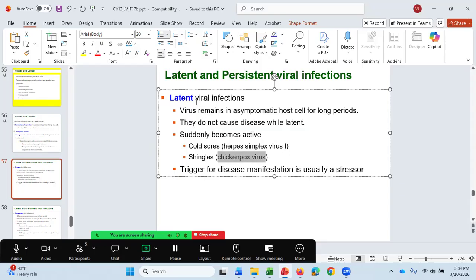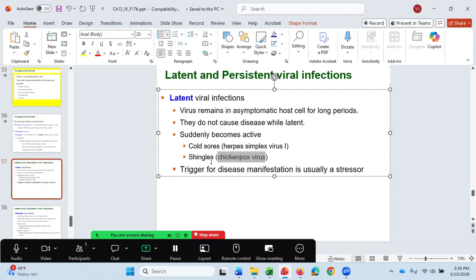Usually the virus doesn't leave latency until the child is now an elderly adult, and then the virus leaves latency, enters the budding life cycle, and then causes the disease shingles. The first time you come down with this virus, you'll have signs and symptoms of chickenpox, and then all the other times you have this virus replicating and causing damage and disease, it will be the shingles. Any question about any of that?